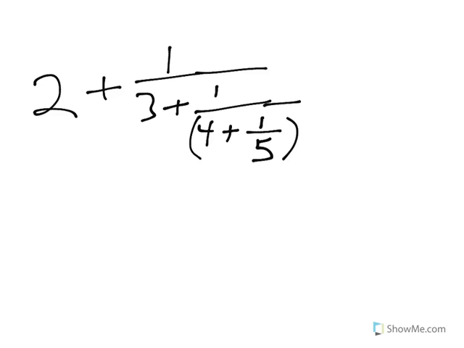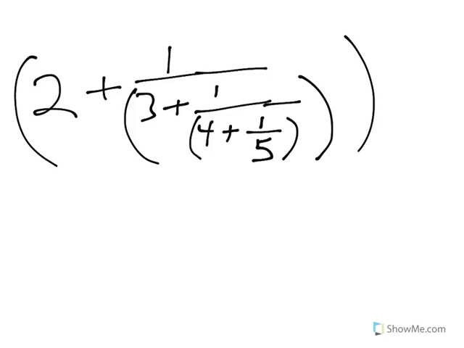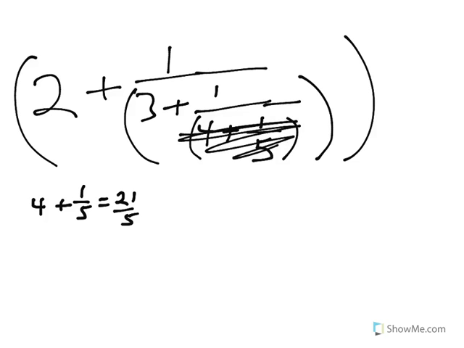If I were to put parentheses around everything, I'd go like that. So you start by doing 4 plus 1/5, which is 21 over 5. And I'm going to just change it to 21 over 5.